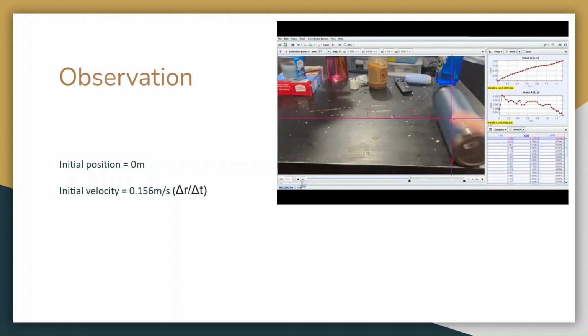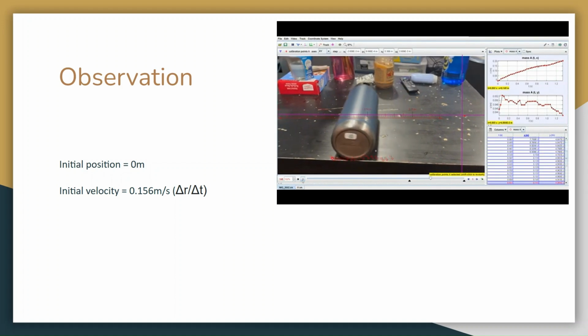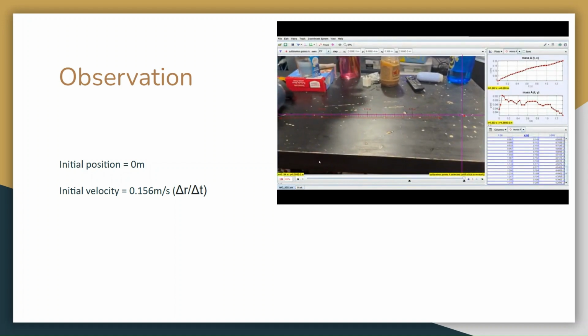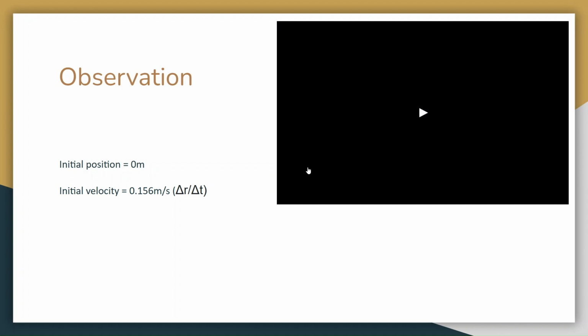The initial position was at 0 meters, or at x equals 0, and the initial velocity was 0.156 meters per second, found by calculating using delta r over delta t. As you see on the right, we use the software to get the position versus the time, and we will be using that later in the experiment.